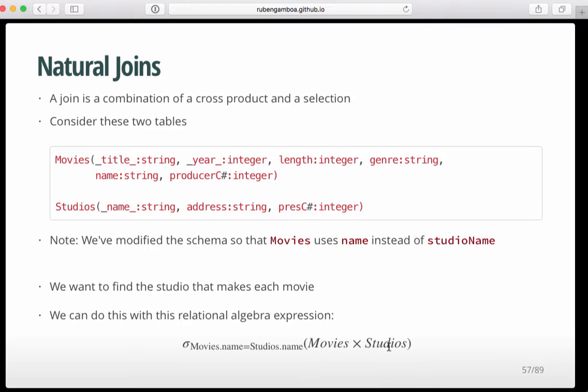Then the next movie, 1, 2, 3, 4, 5, however many studios, and so on, right? Now, to that gigantic table, we're going to select only the rows where the name in movies is the same as the name in studios. That's what this does. Movies.name equals studios.name. And so we're left with the rows that actually correspond. So yeah, that is the studio that made that movie.